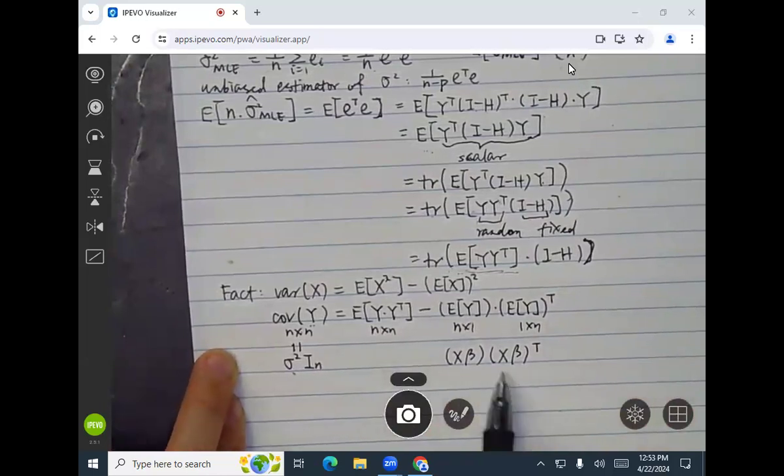So together, you will see that by arranging the terms, I can move the second term, minus X beta times X beta transpose, to the left-hand side.